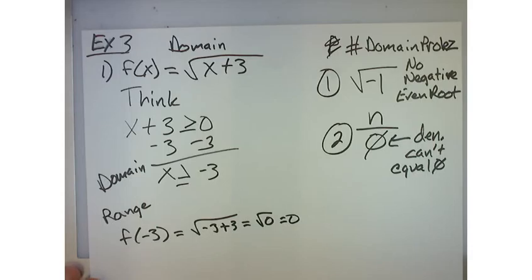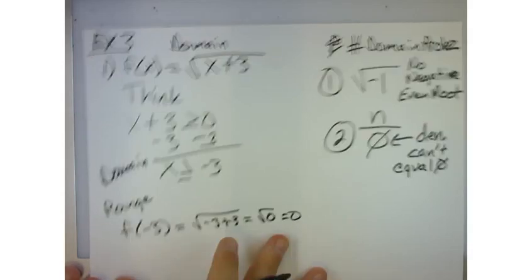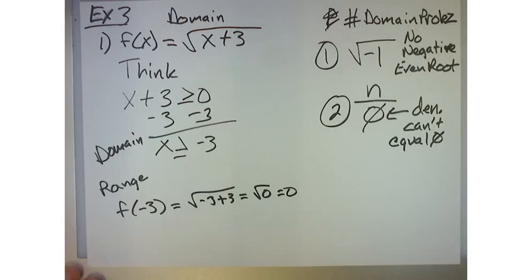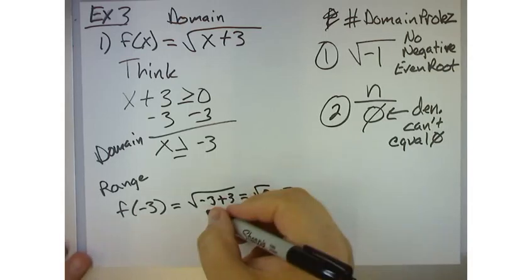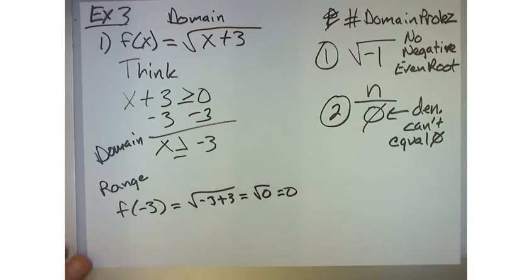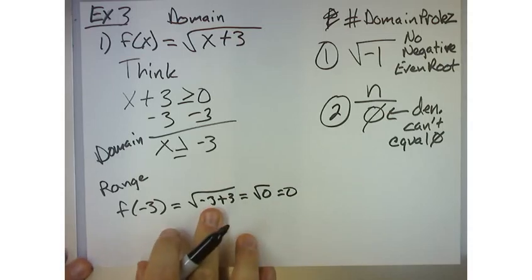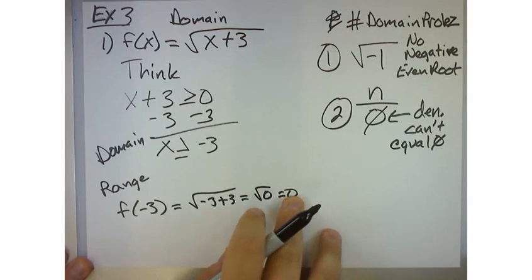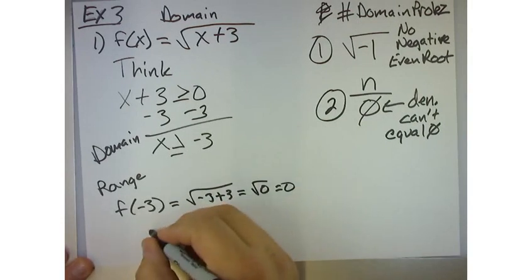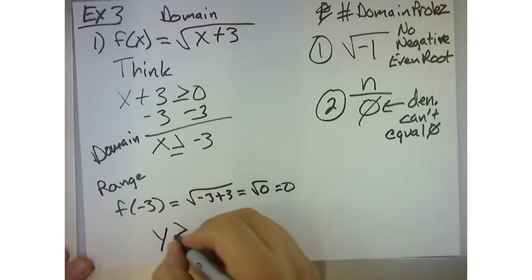I mean, we're going to graph this in about 2 seconds and look at it and see what the range is. But if I plug in a number bigger than negative 3, if I plug in 10 million for x, I get the square root of 10 million and 3, which is a positive number. So every number is going to be greater than 3. In other words, what I'm trying to say is y is greater than or equal to 3.